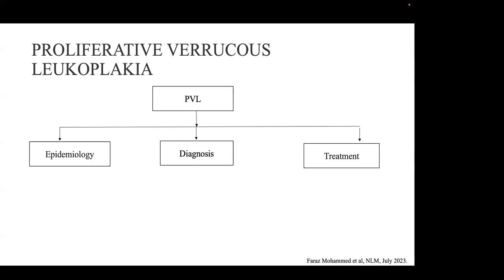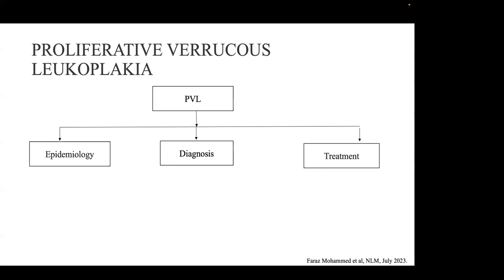Yes, please continue. Then proliferative verrucous leukoplakia, it's a rare aggressive form of oral leukoplakia, and again it has a verrucous appearance. This will show multifocality, slow growth, and this has a very high rate of malignant transformation.